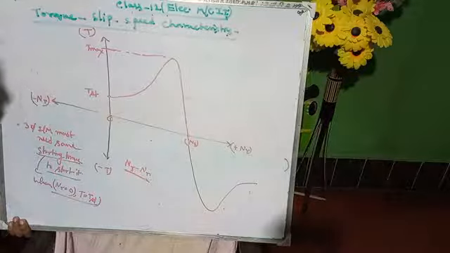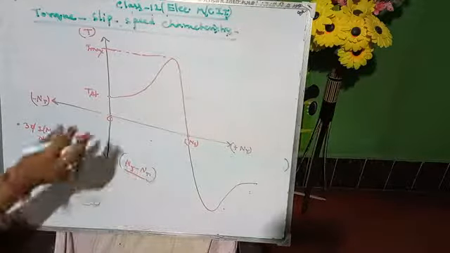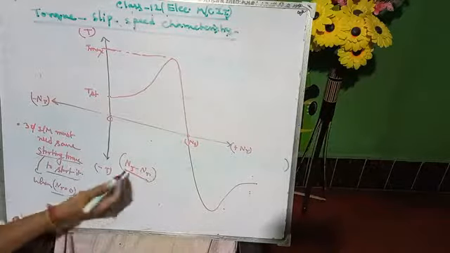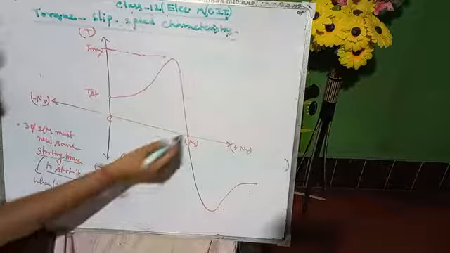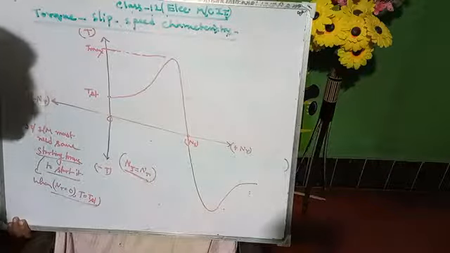So when ns minus nr persists, up to that time the torque will be present. After that, when ns equals nr, the torque will be 0. But then the speed will be maximum.